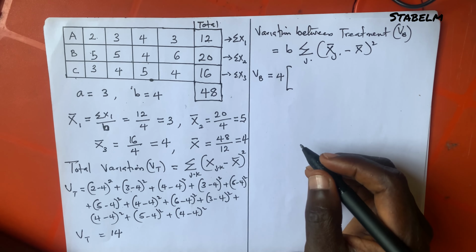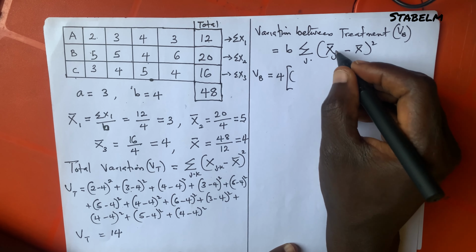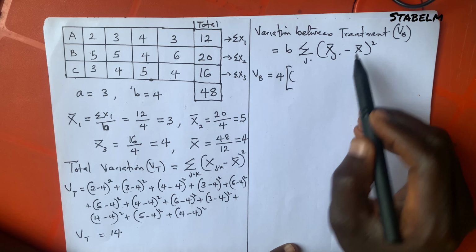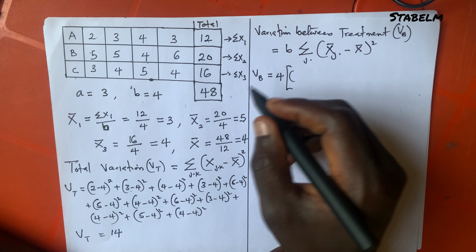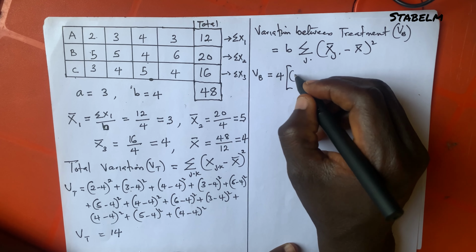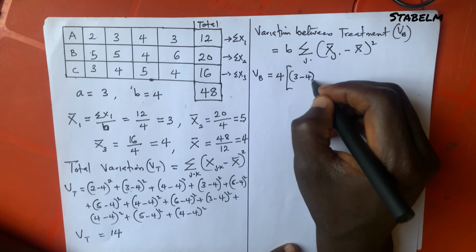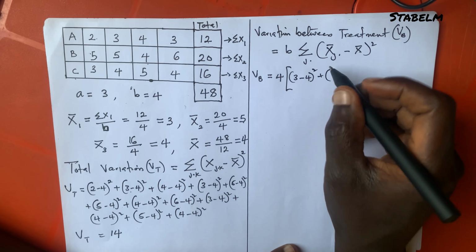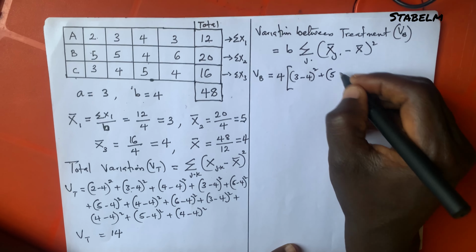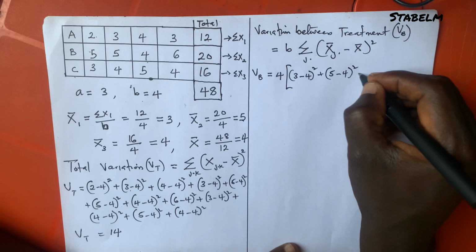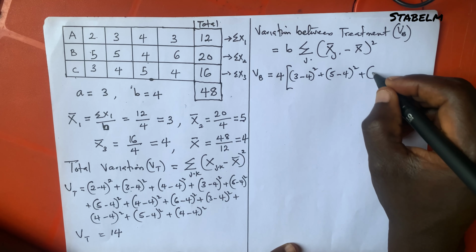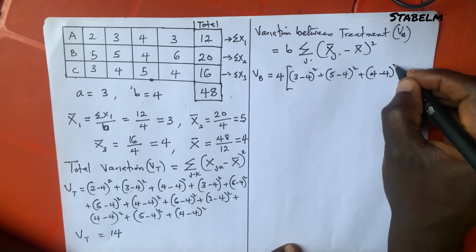So that translates to each mean minus the grand mean, and the grand mean here is 4. So here we have 3 minus 4 squared plus the mean of the second row, 5 minus 4 squared, plus the mean of the third row, 4 minus 4 squared.